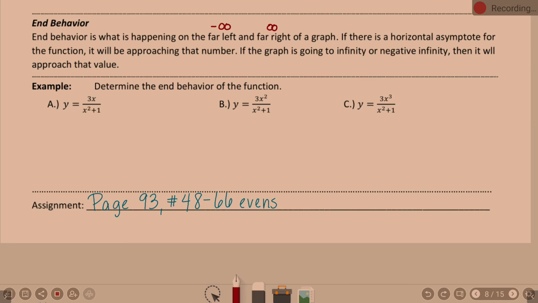If the graph is going to infinity or negative infinity, then it will approach that value. And that's more the idea of like a slant asymptote, or just if there's no horizontal asymptotes, nothing. So let's look at each of these. It says to determine the end behavior. What I really want you to do, generally speaking, is think horizontal asymptote.